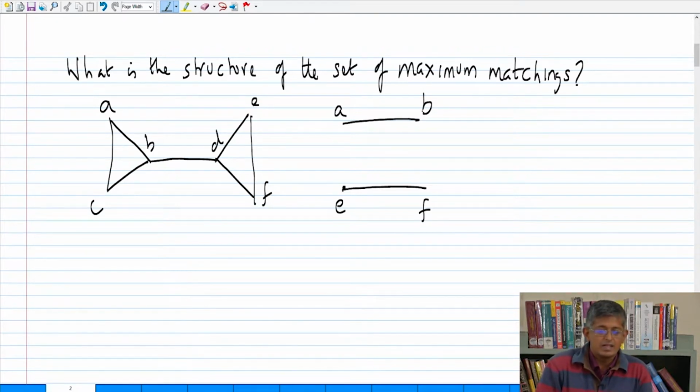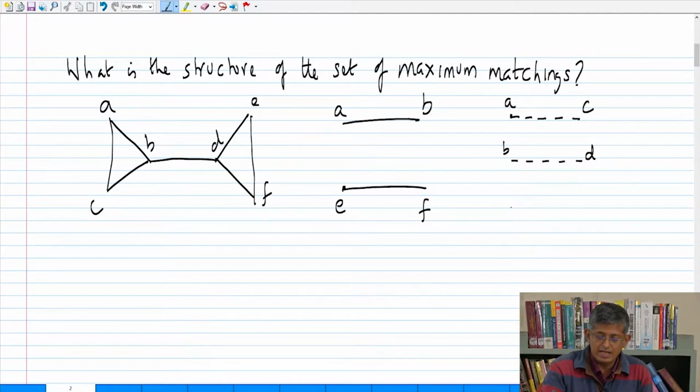Now let's see what are the edges which are missing, and let's try to represent them in an interesting way. Let us look at the maximum cardinality matching, which is AC, BD and EF.